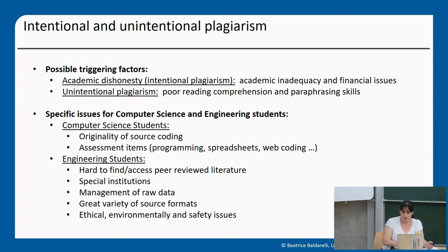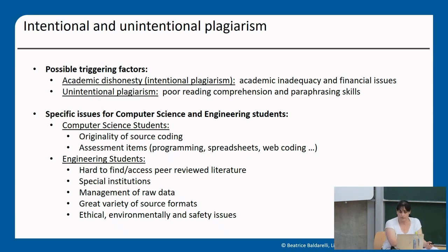The engineering students' insecurities arise from the particular nature of the sources they are supposed to use: patents, standards, material and equipment specifications, current rules and regulations, reference material routinely used in industry, and from ethical, environmental, and safety issues.